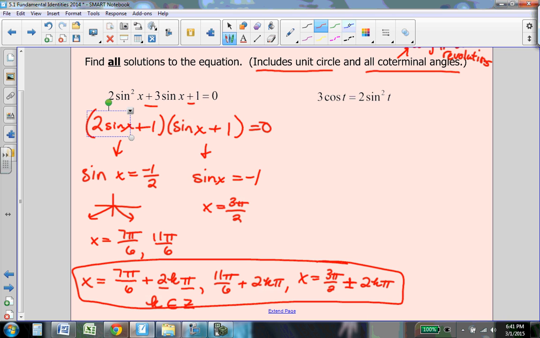Okay, then moving on here to this sine squared and this cosine. That's usually not a good mix, so I will replace my sine squared with the Pythagorean identity. So 3 cosine of t, 2 times parentheses 1 minus cosine squared t, distribute.